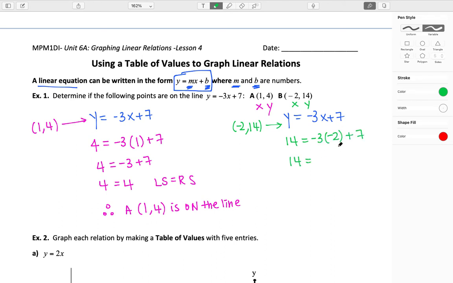So -3 times -2 is +6. So 6 plus 7 gives me 13. As you can see, 14 does not equal 13. So the left side does not equal the right side. Therefore, point B, -2, 14, is not on the line.